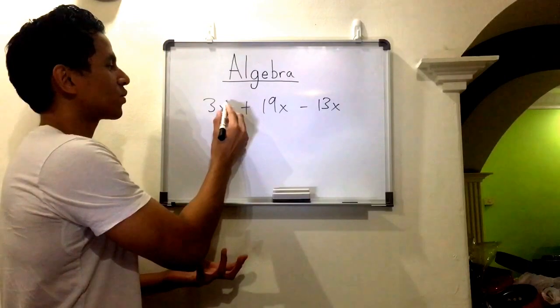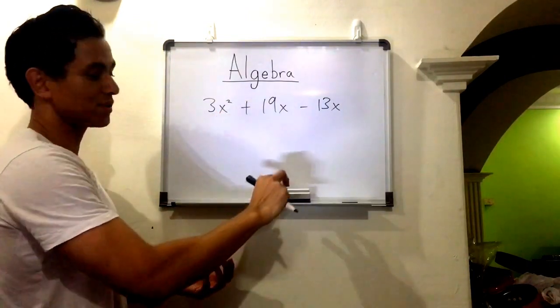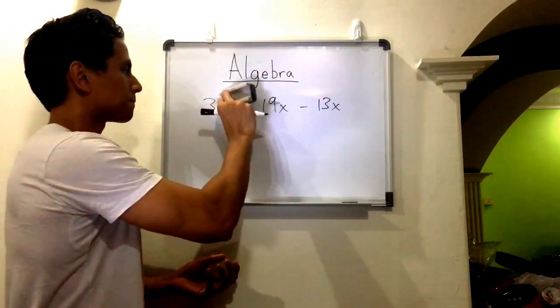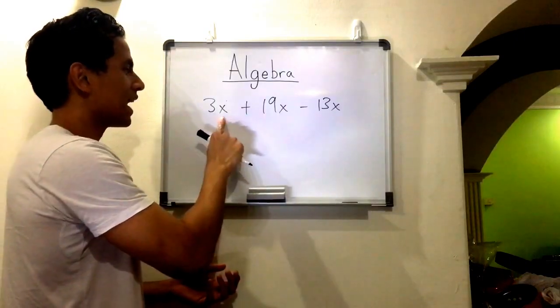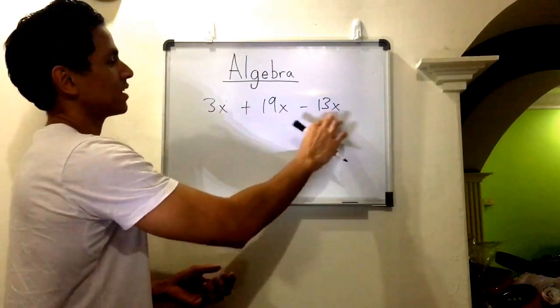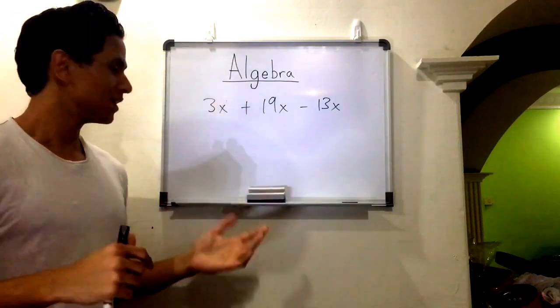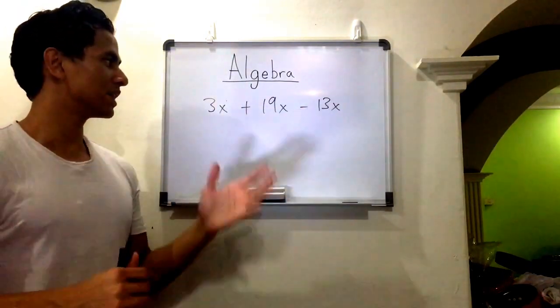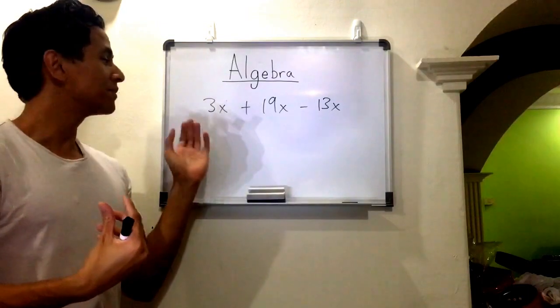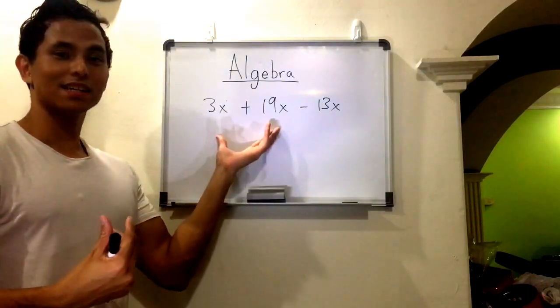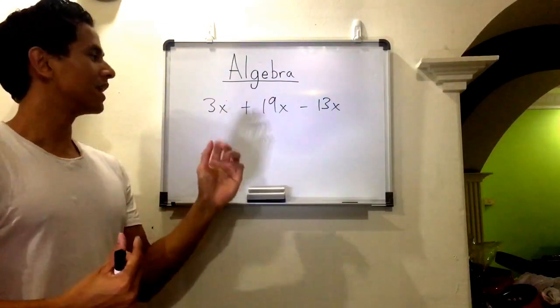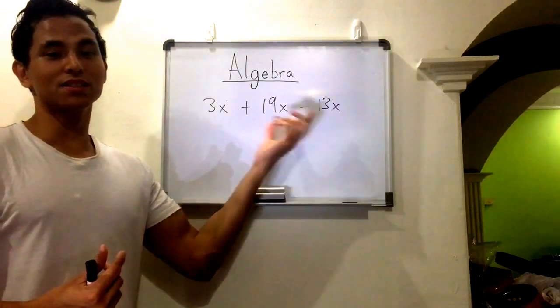If this was squared, we'd have a problem, but I'll explain that later. But since the terms are all just simply x, in cases like this, when the x are the same, we can just sum them up as easily as if they were numbers, and subtract as if they were just numbers.